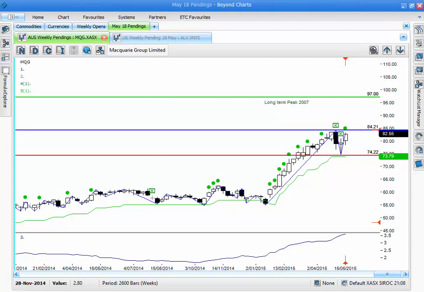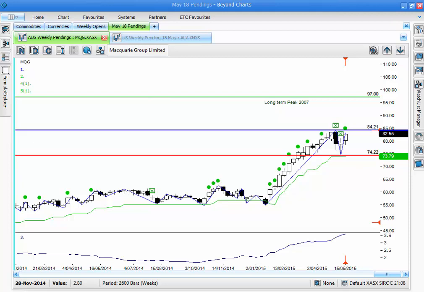And at the same time, what it's done with the scan results, just to give you an example, this last week in the US, the loose scan delivered 567 results. So you can imagine, again, Saturday morning when you get up and you do your scans, those of you who are trading in the US and seeing 567 results, you think, oh golly, that's an awful lot of trades to have to go through.